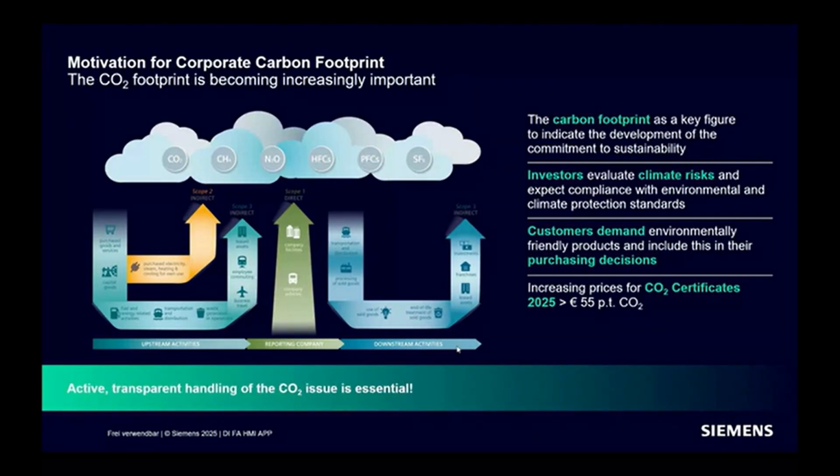As mentioned in the beginning, in the last version we put the focus more on the product carbon footprint. To calculate the product carbon footprint, it is also necessary to include the scope 1 from your own emissions in your factory.